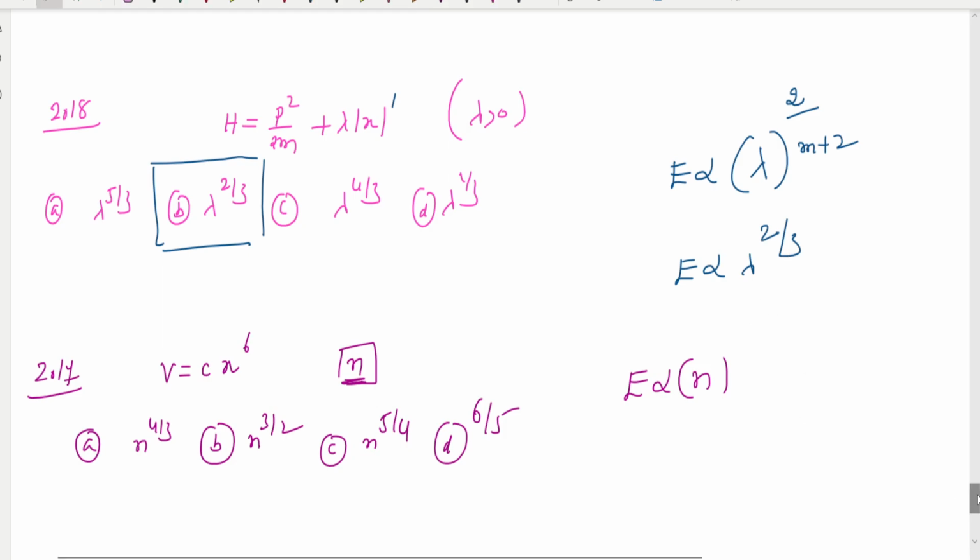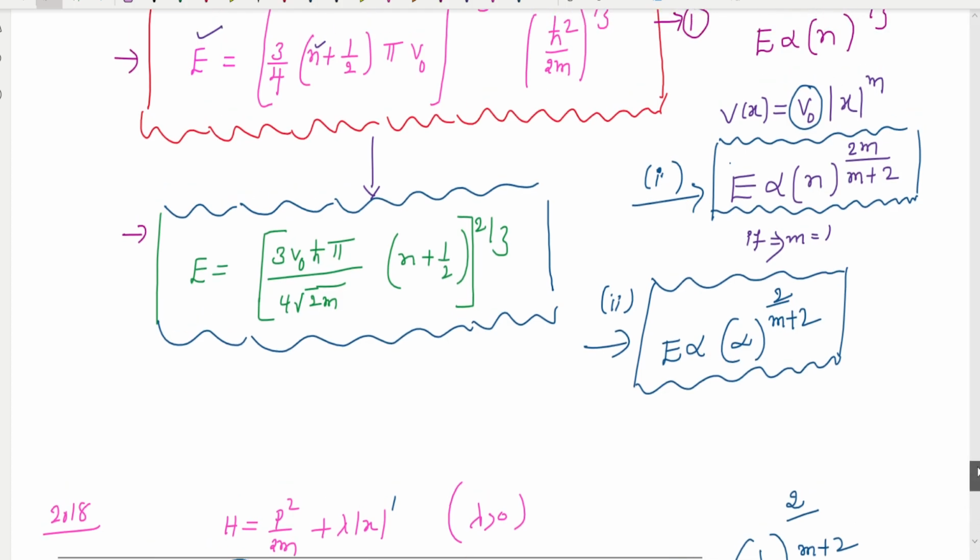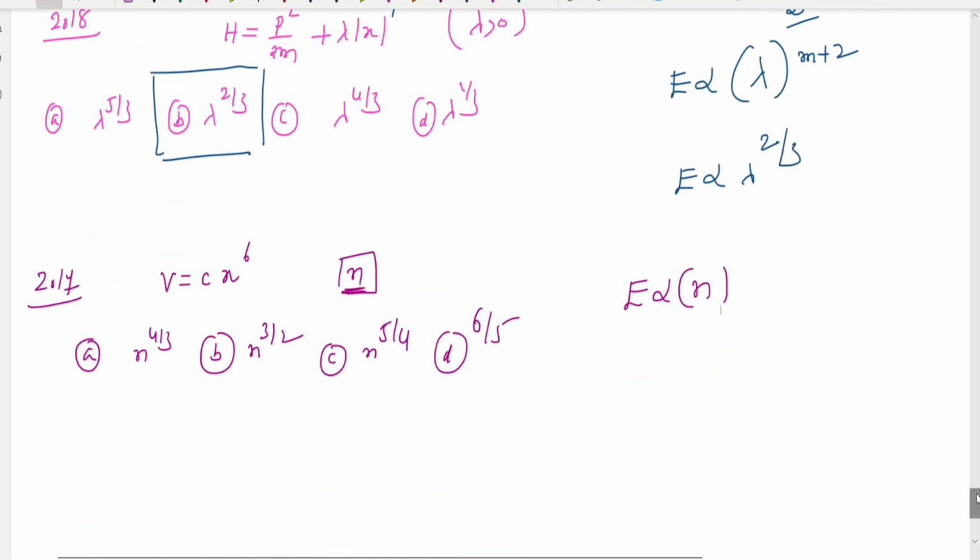So write the formula: energy is proportional to n power 2m divided by m plus 2. What is the m here?